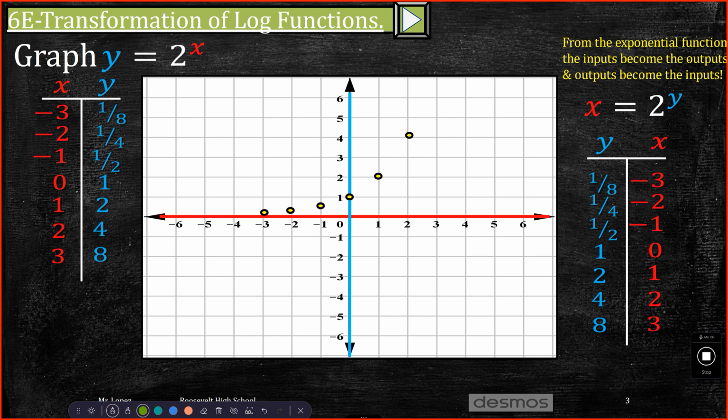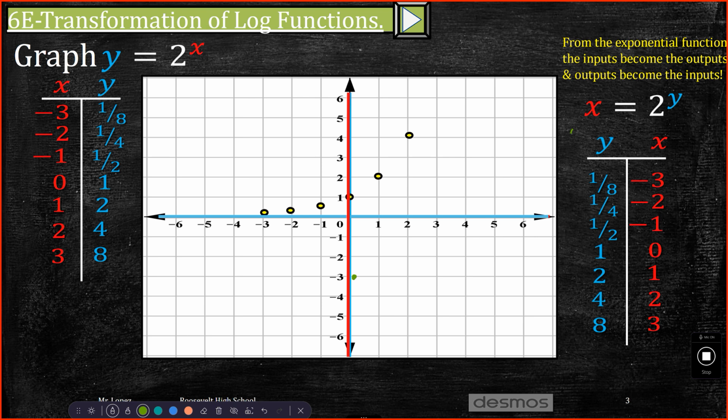And then we plot the points. So when I say y equals 1/8, see how I changed the colors? The inputs become the outputs, and the outputs become the inputs. y is 1/8, and x is -3, right here. y is 1/4.